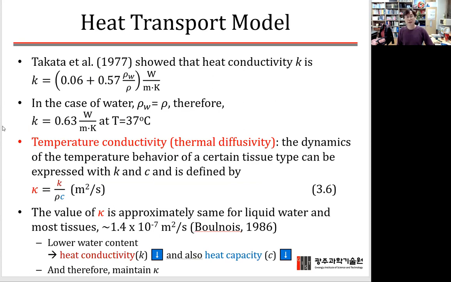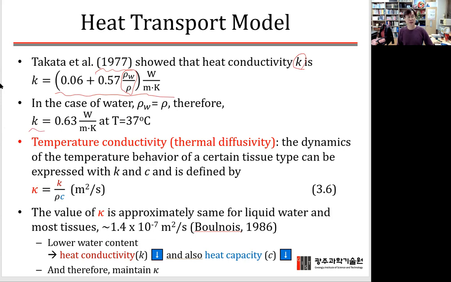Takata, in 1977, also showed that the heat conductivity K follows this equation: 0.06 plus 0.57 multiplied by rho sub W divided by rho, which looks very similar to the previous equation. For the case of water, they are the same.